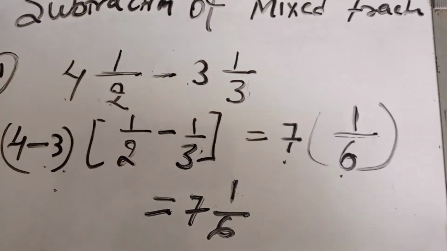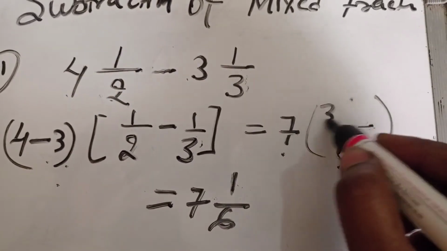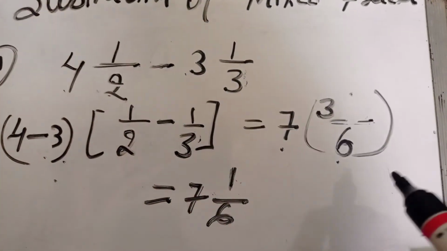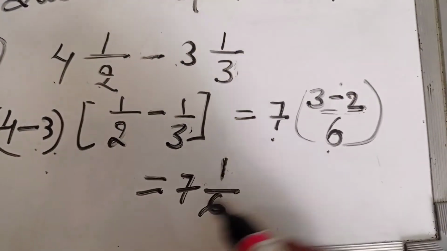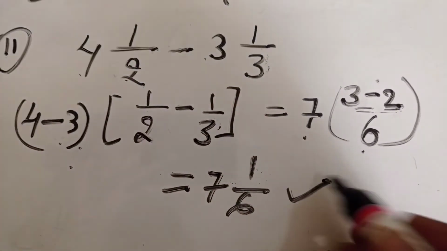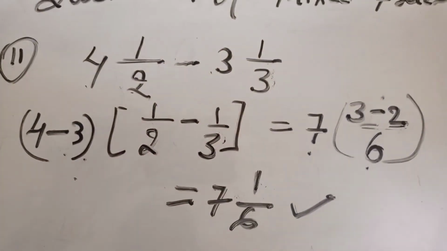Okay, so 3 here as in addition, और 3 से जब आप 6 को डिवाइड करोगे we get 2 here, तो 3 minus 2 it becomes 1/6. So we get 1 1/6 as the subtraction of these fractions.